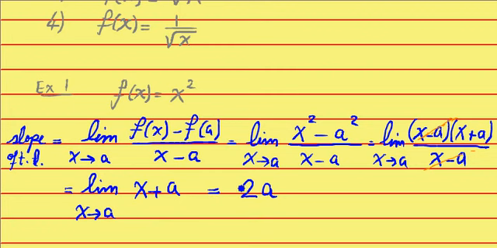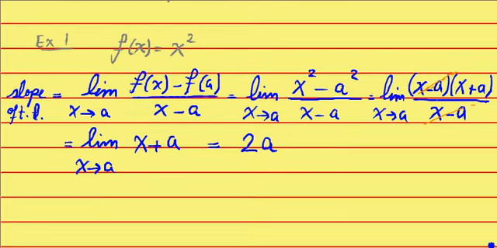So what we have learned is that the slope of the tangent line to the graph of f of x equal to x squared at the point x equal to a is 2a. Let's make sure we digest that. But this is a simple function, it's just a parabola.